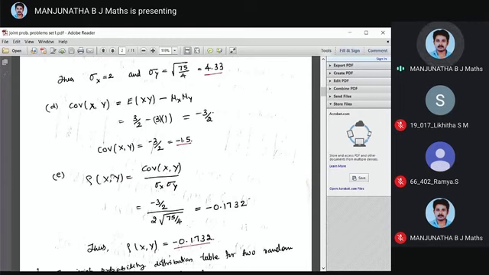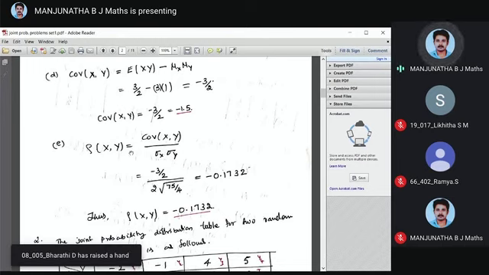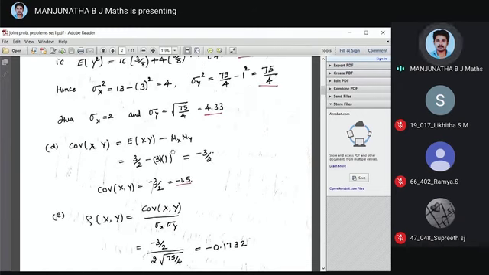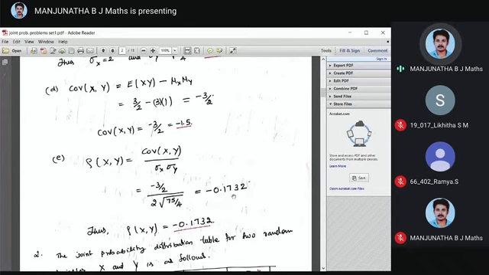Next you compute the correlation rho of x comma y. Rho of x comma y is covariance of x comma y divided by sigma x sigma y. Sigma x is 2, sigma y is root 75 by 4. If we compute that, you'll get minus 0.1732.